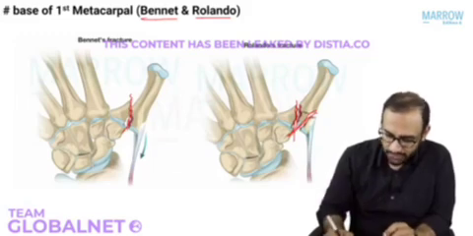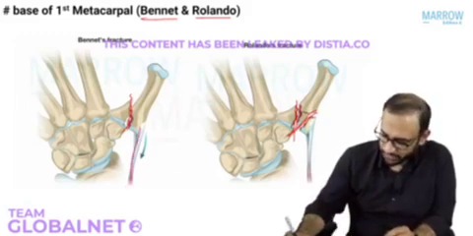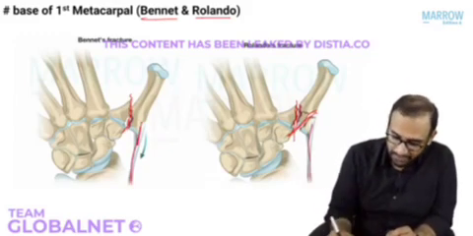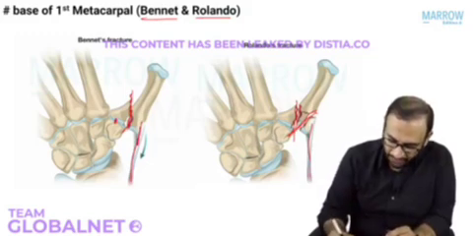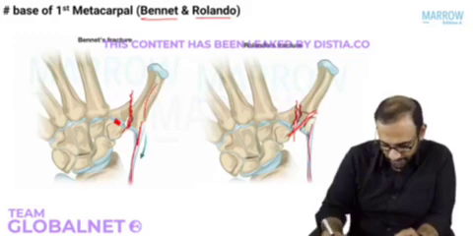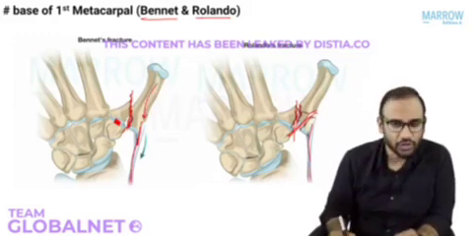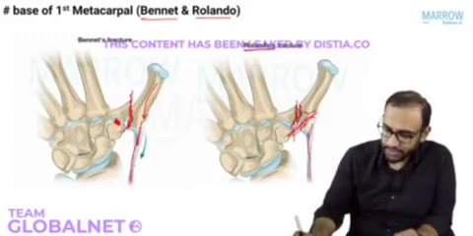Now there is a muscle called abductor pollicis longus which inserts at the base of the first metacarpal and pulls the metacarpal. In Bennett's fracture, because it's a partial intra-articular fracture, the fracture fragment remains in alignment with the trapeziometacarpal joint, but the remaining metacarpal dislocates because of the pull of the abductor pollicis longus. But in Rolando's fracture, it's a comminuted fracture.